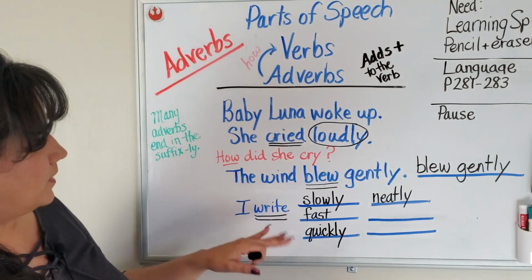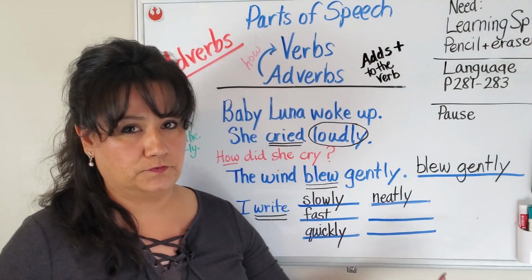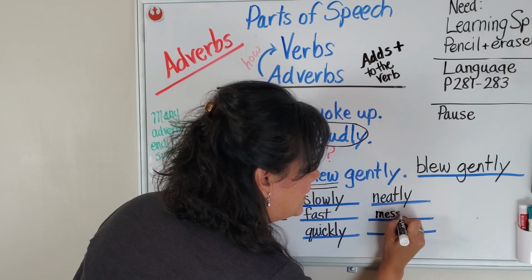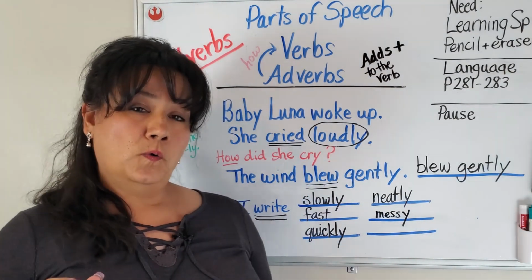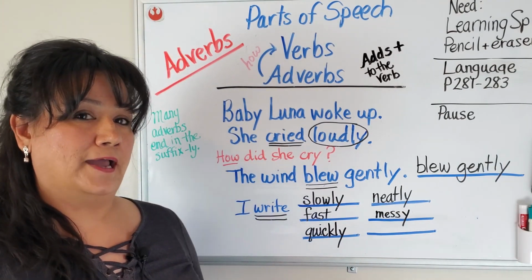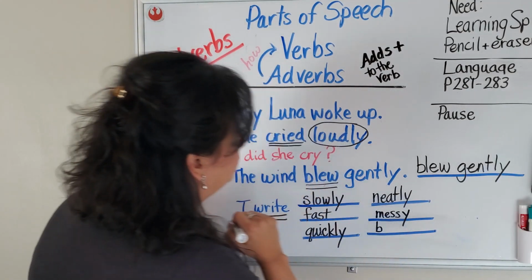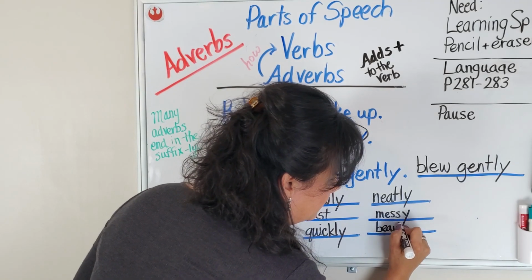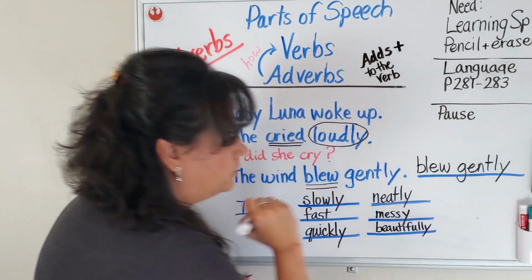And we've got slowly, fast, quickly, neatly, and the opposite of neatly is, of course, I hope you're not doing this, messy. But I hope more than anything, the way that you are writing is beautifully. And that, of course, is another adverb. And I hope that you are writing beautifully.